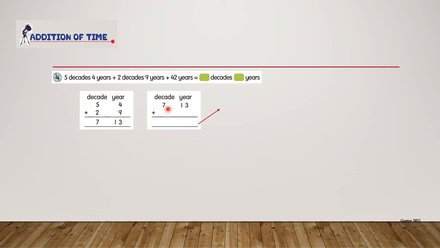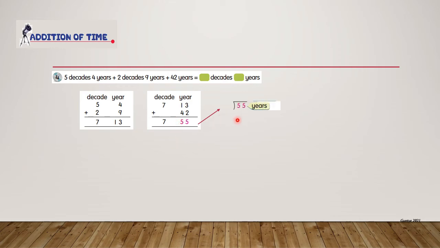7 decades 13 years, and then add with 42 years. Okay. 3 plus 2, 1 plus 4 become 55, and 7 decades 55 years. 1 decade equals to 10 years. That is more than 10 years. So how to do it?